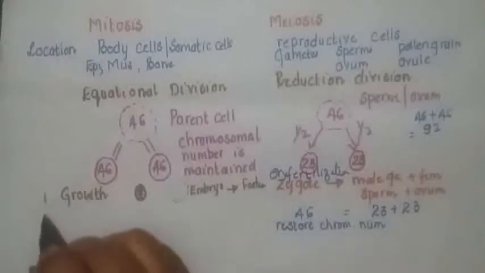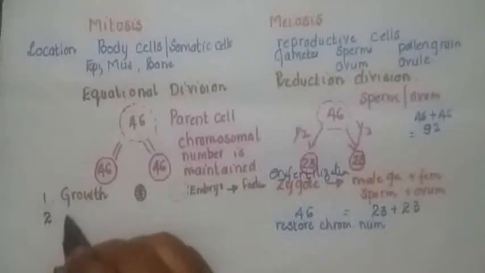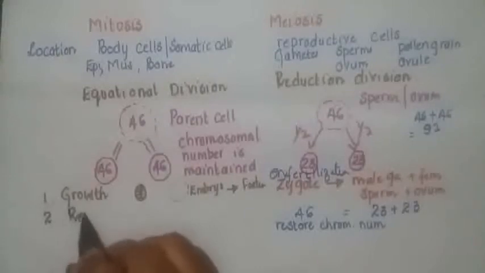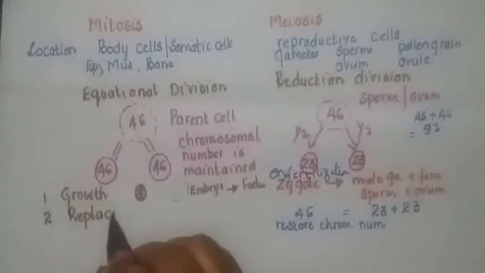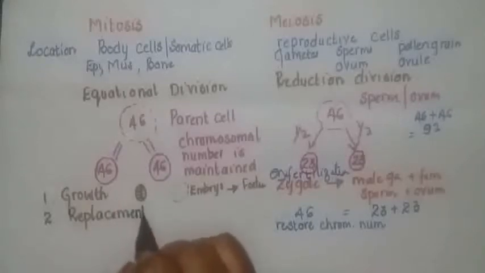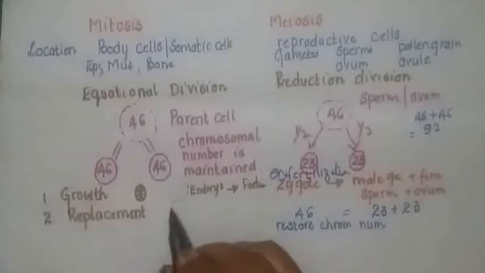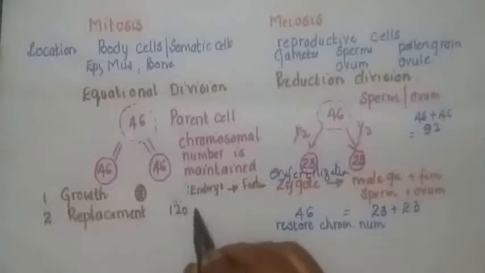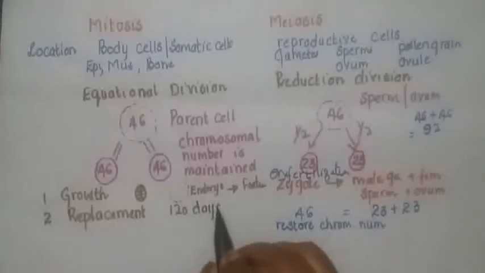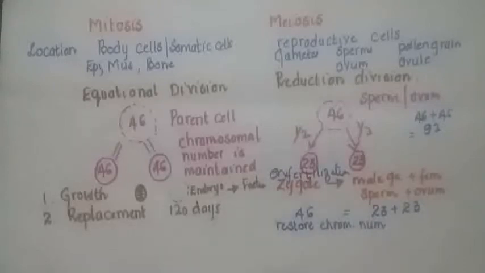Okay. Then mitosis is also required for replacement. What is the meaning of replacement? In case of RBCs, if you just recall, RBCs only survive for about 120 days and then they die.